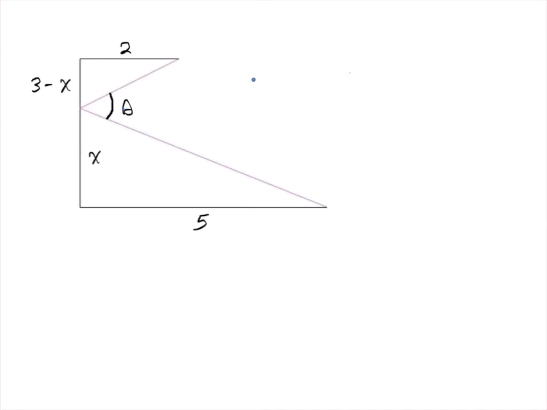We want to maximize theta as a function of x. What is x? The question is how far this point should be above the floor for this angle to be maximum. So we need theta as a function of x.